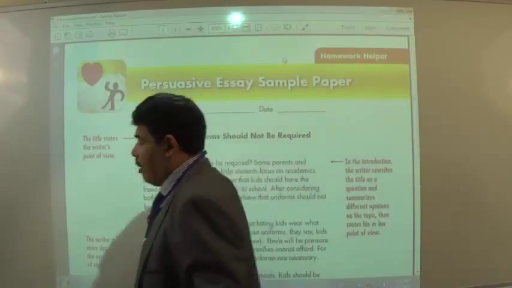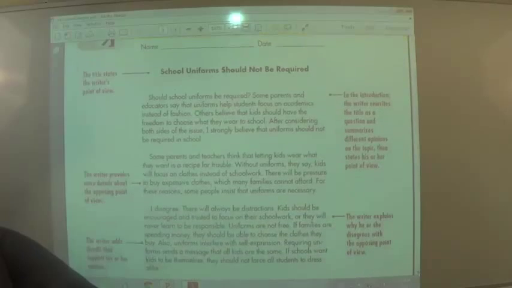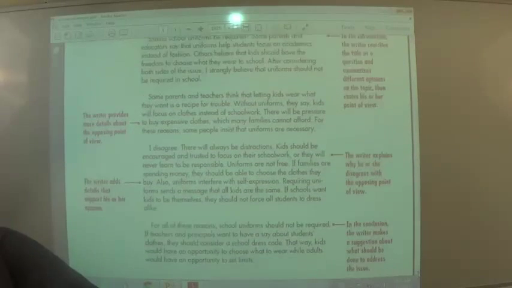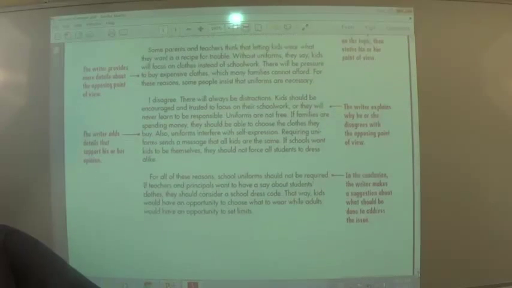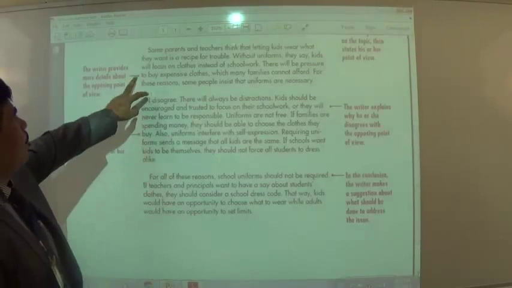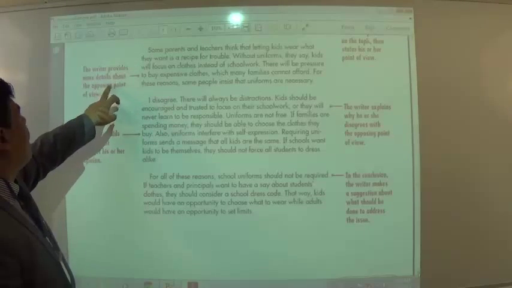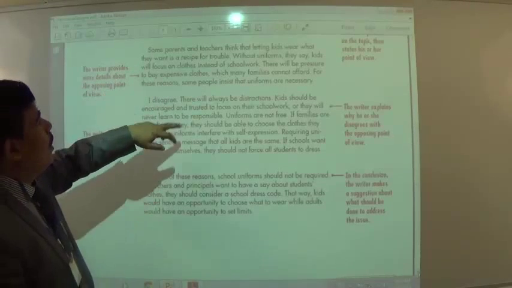After the first paragraph, the second paragraph is giving us reasons. This is the second paragraph. The writer provides more detail about the opposing point of view.